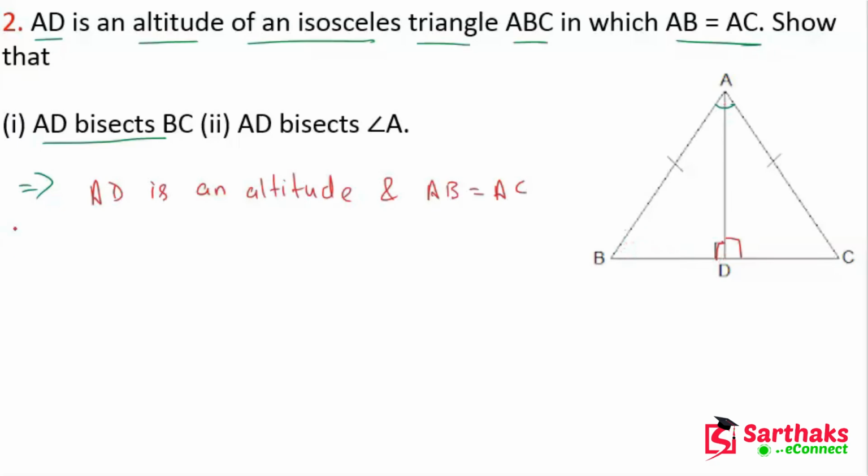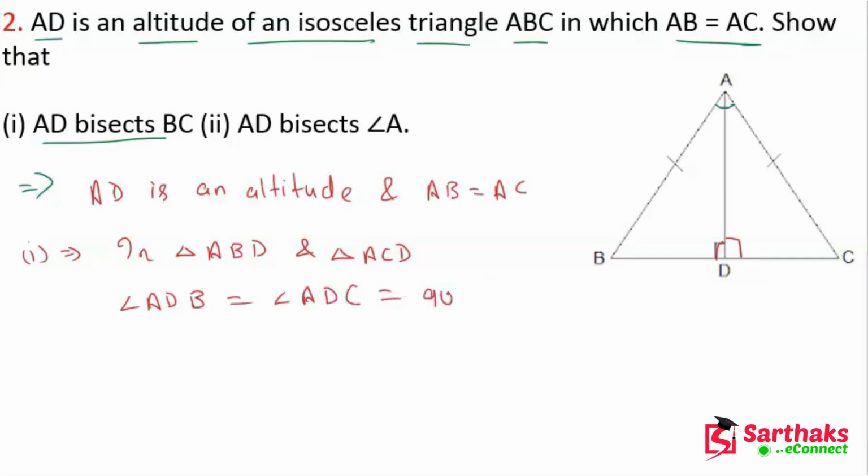Now in the first part, in triangle ABD and triangle ACD, angle ADB is equal to angle ADC is equal to 90 degrees, and AB is equal to AC.